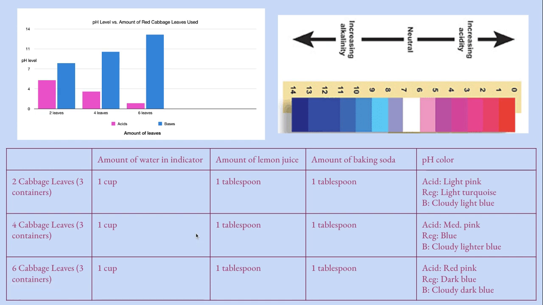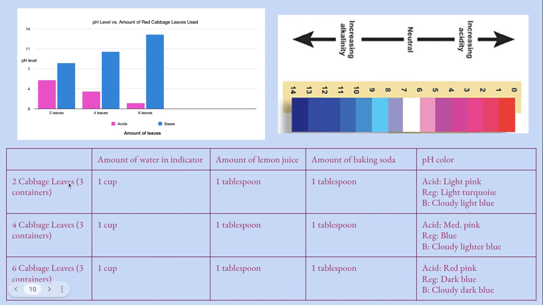So here is a chart and table of my results, and you can see that this is the amount of leaves, and this is the pH level. And as the amount of leaves increases, the bases also increase, but the acids decrease. And then this table just reiterates that in more detail.